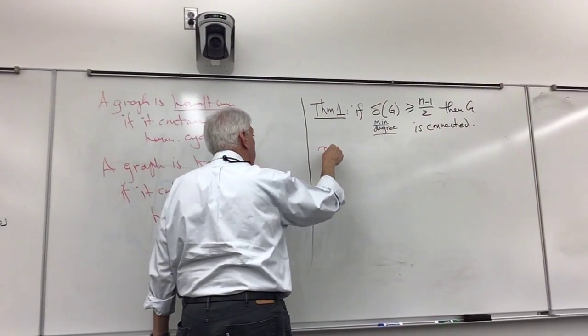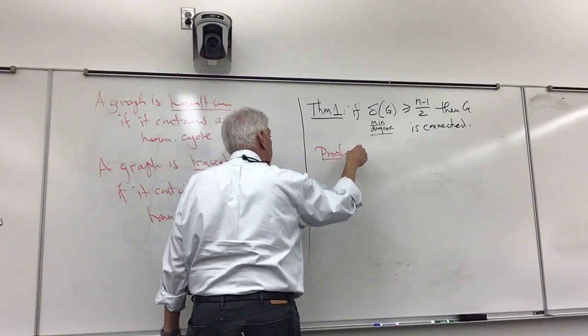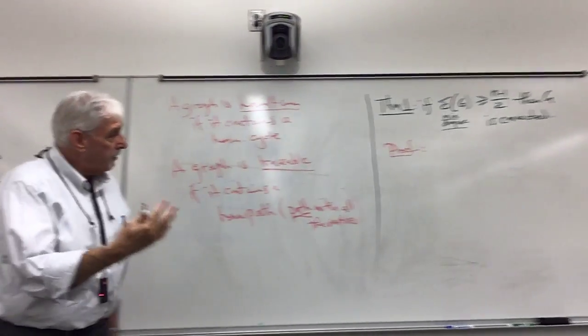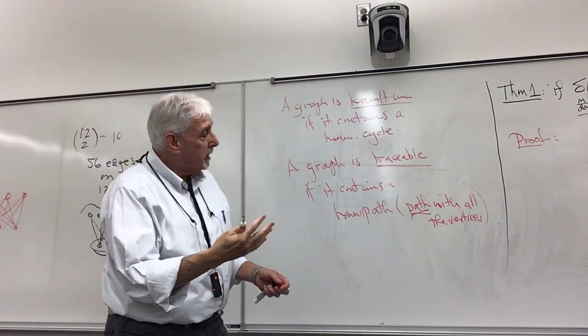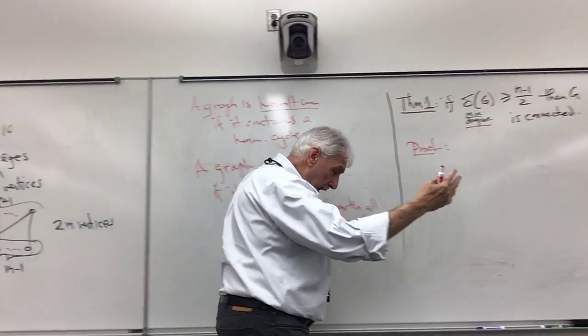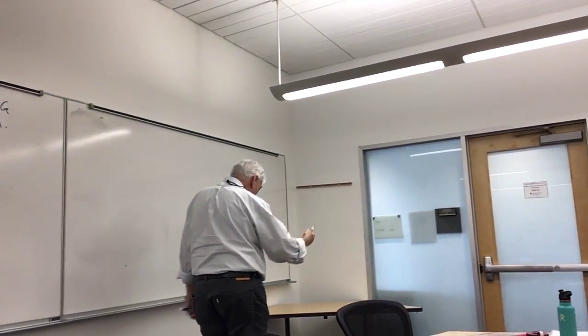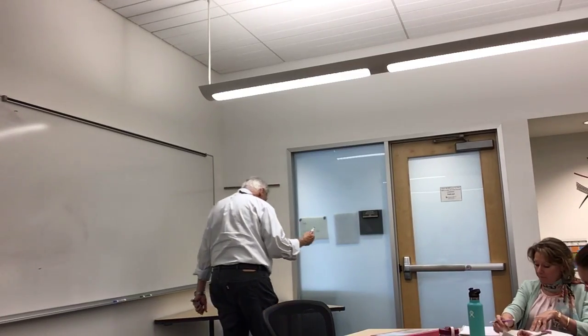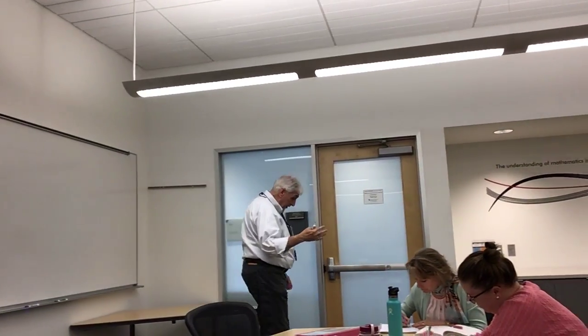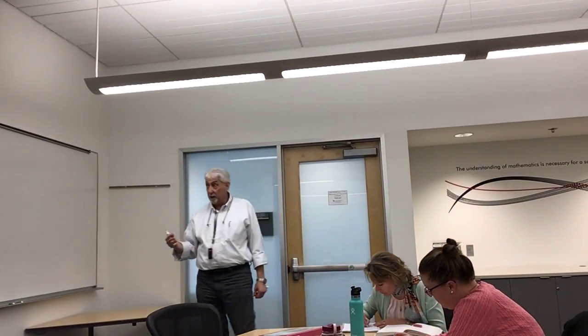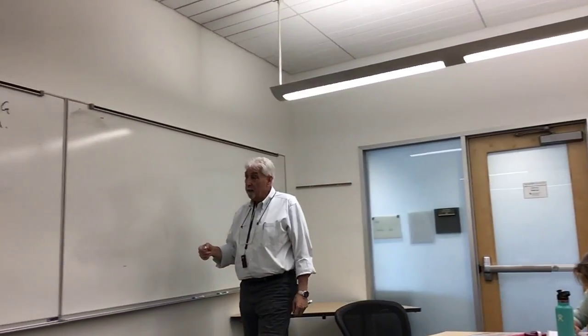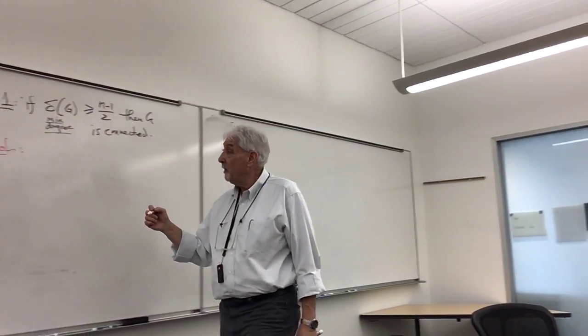So just take a minute. Is it clear? Every vertex is adjacent to nearly half the other vertices. Actually, it's adjacent to at least exactly half the other vertices, but the graph is not connected.